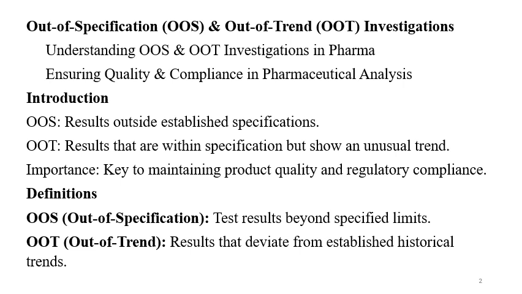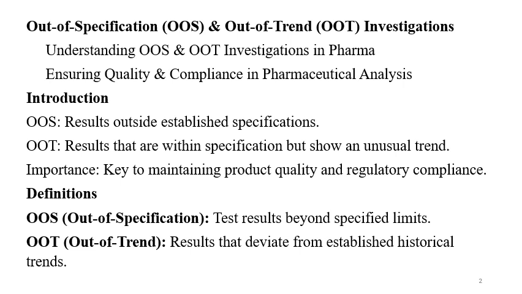OOS results means the results are outside the established specifications, and OOT means the results are within the specifications but show the unusual trend. OOT can be said when there are a number of batches manufactured and you have a data pool.